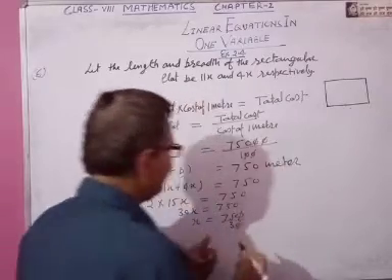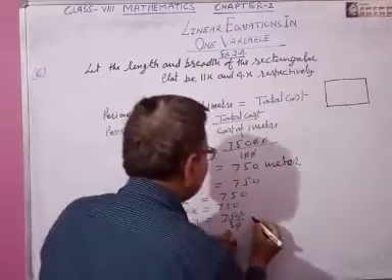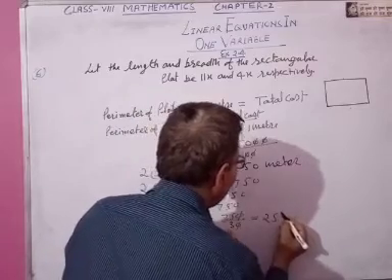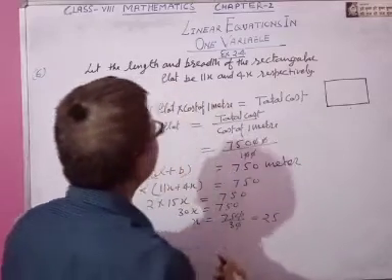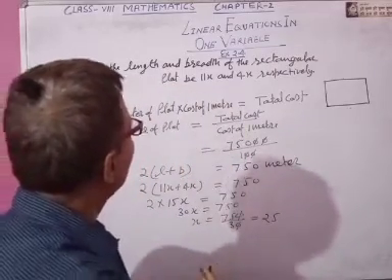Zero cancels zero, divide by 3, we will get 25. x equal to 25.